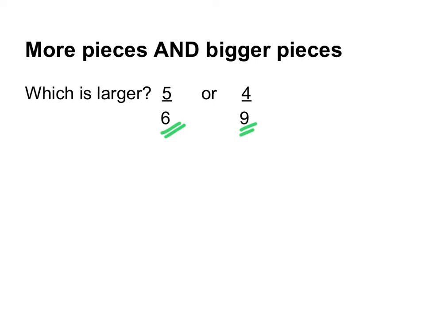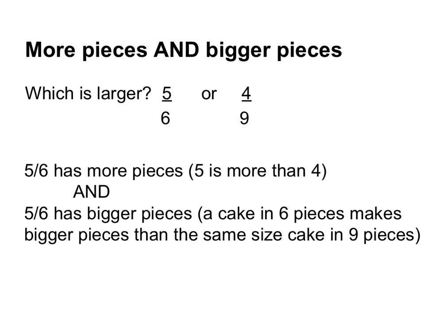Well, if we like that cake, we want that cake cut into 6 pieces because that means the pieces are bigger. So a smaller denominator actually means bigger pieces. Which sounds a little confusing when you say it that way, but if we just think about the denominator as the number of pieces in a whole, the more pieces you cut a cake into, the smaller those pieces get. So more pieces, bigger pieces.